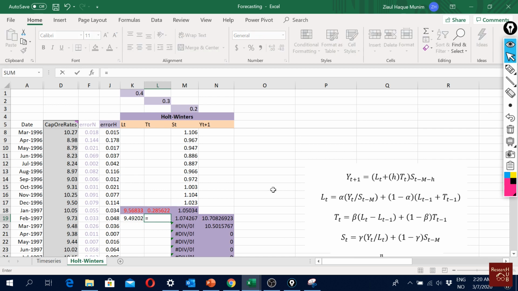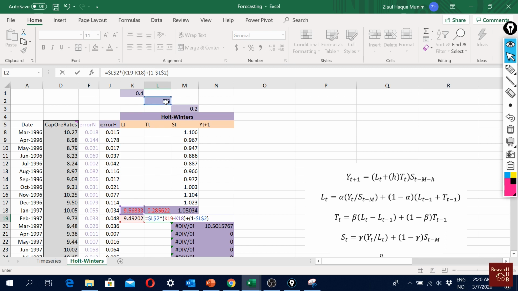So we start again with the function, and now we will be using the beta value, and we press F4 to fix it, and then we multiply this with LT. LT is this one, the same level. So LT, this one, minus LT minus 1, which is the previous one. Okay, we close the bracket, we start with the plus, then again 1 minus beta, and we press F4 to fix the beta value.